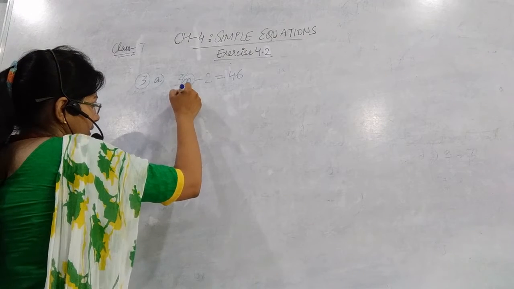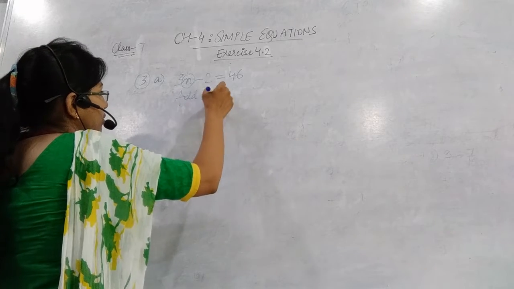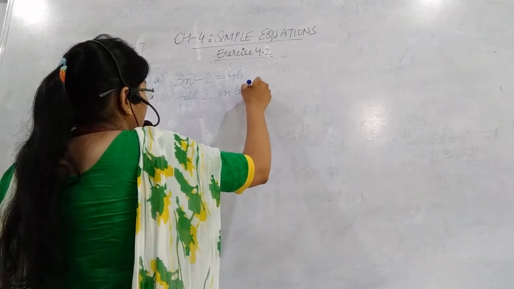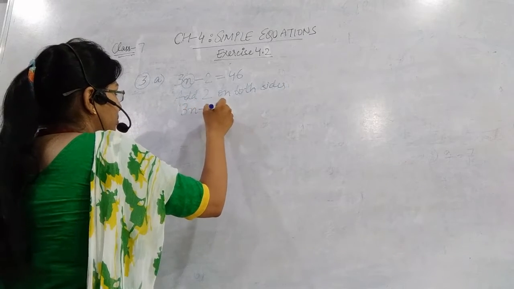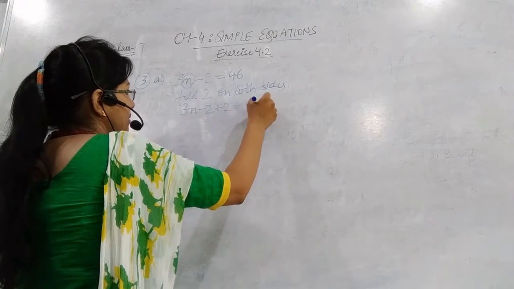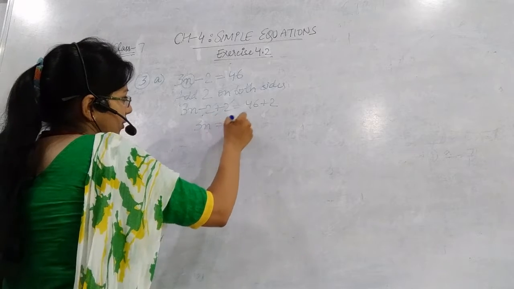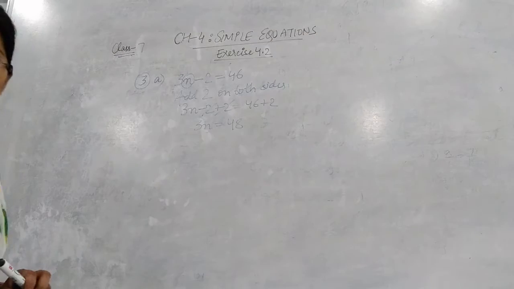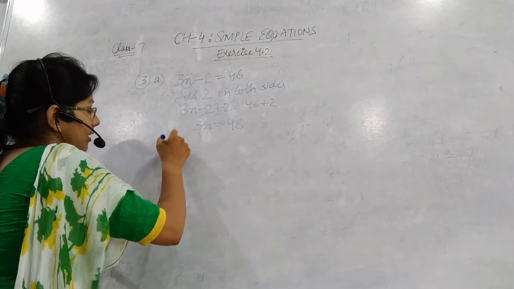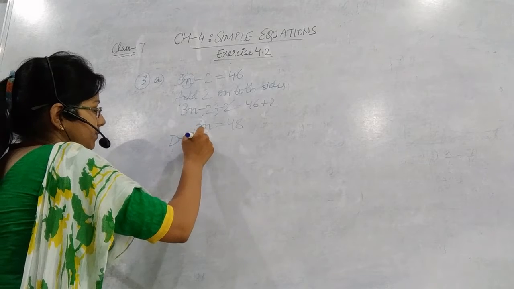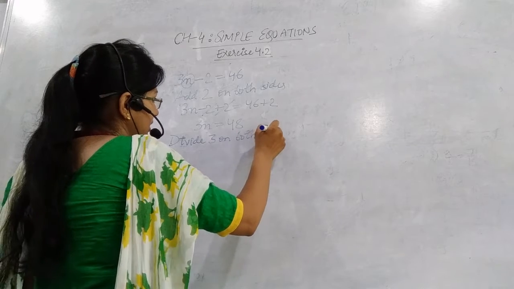So add 2 on both sides. पहला स्टेप होगा आपका 3n minus 2 plus 2 is equal to 46 plus 2. ये दोनों कैंसिल. 3n is equal to 48. अब नेक्स्ट 3 को रिमूव करना है, वो यहाँ पर मल्टीप्लाई में है तो अब हम क्या करेंगे, डिवाइड 3 on both sides.